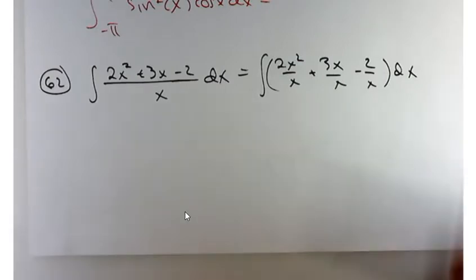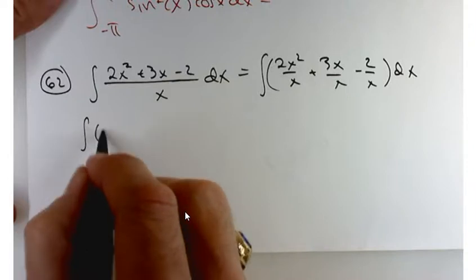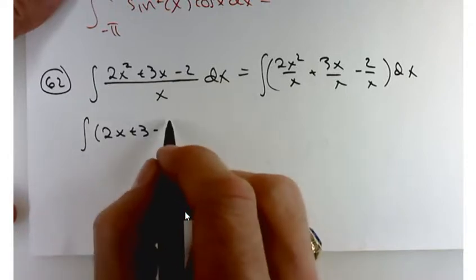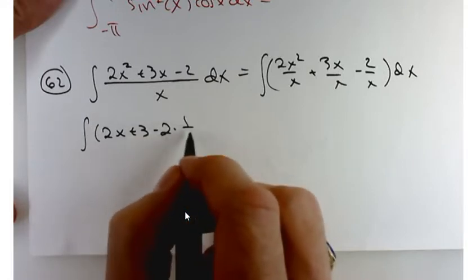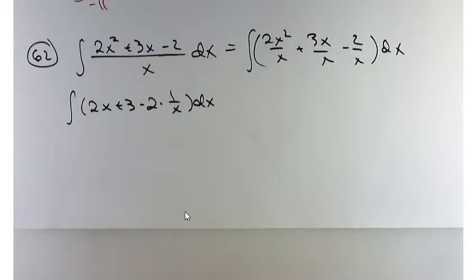And of course, these simplify. That's just the integral of 2x plus 3 minus 2 times 1 over x dx. And of course, you don't need anything fancy to integrate these.